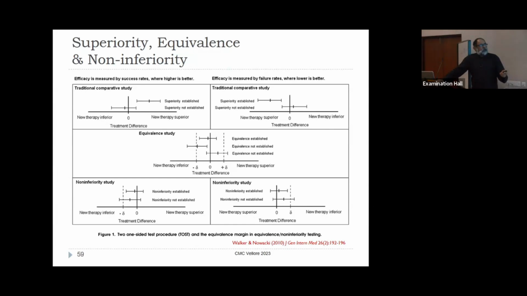Let's just stay with higher is better. So let's stay on this side. This is just the opposite. And if your confidence interval overlaps 0, superiority is not established. Now notice also the choice of words here. They don't say no difference.